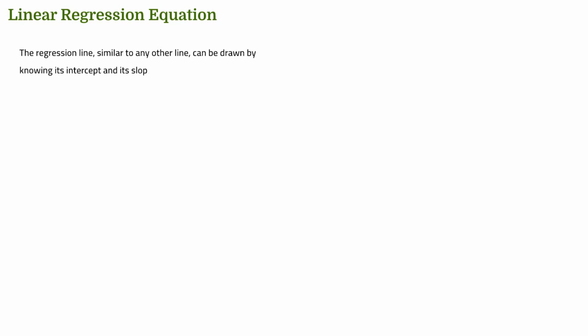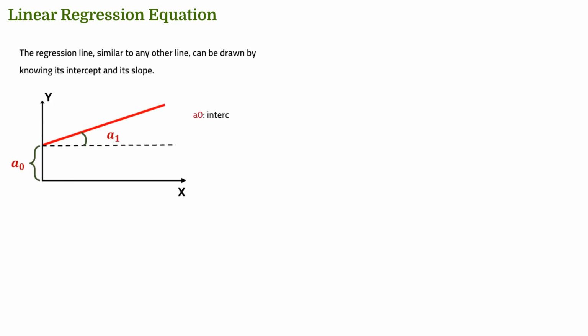Next topic, linear regression equation. The regression line, similar to any other line, can be drawn by knowing its intercept and its slope. Here's the regression line. A line in general, if you know intercept A0 and the slope A1, you can go and draw it.